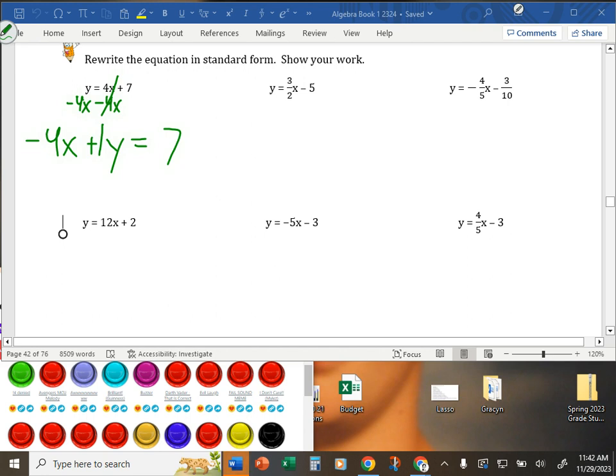So, do you understand why I subtracted 4x from both sides? Because according to standard form, which is ax plus by equals c, where do I want my x's? On the left side of the equation, right? With the y's. In slope-intercept form, my x's are on the opposite side of the y's. I want them on the same side, which means I have to take these 4x's and move them over to be with the y. And whenever you move something from one side of an equation to the other, think solving an equation, getting x by itself, we use opposite operations.